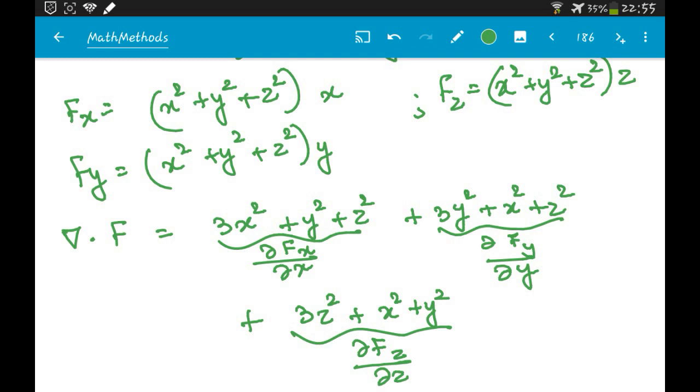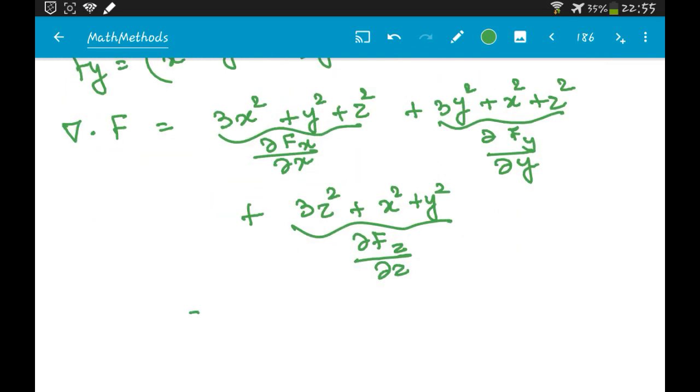I hope by now you know how to do these differentiations, so you will do it. I have told you. So this is nothing but 5 into x square plus y square plus z square. Now the volume over which we have to calculate the integral is a sphere.